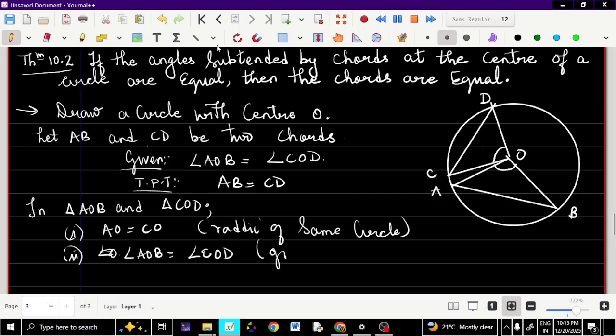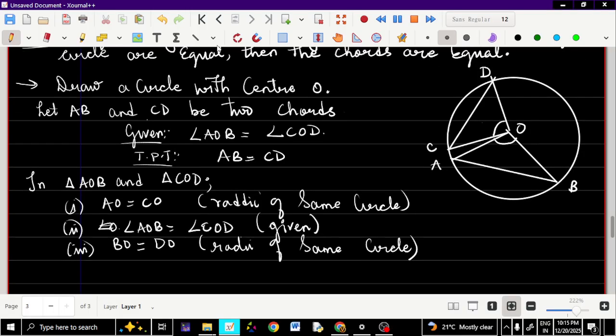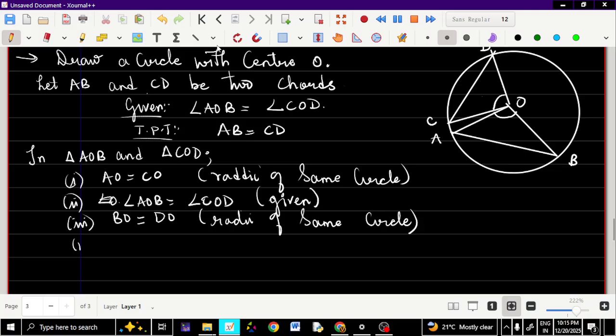Because this is already given that they subtend equal angles at the center, and BO is also equal to DO. This is again the radii of the same circle. So now you can easily see that by SAS congruence rule, these two triangles are congruent. Triangle AOB is congruent to triangle COD by SAS congruence rule.